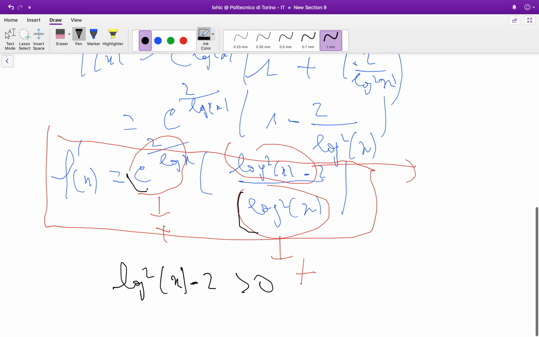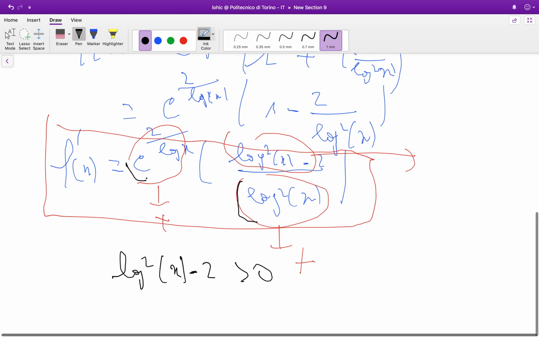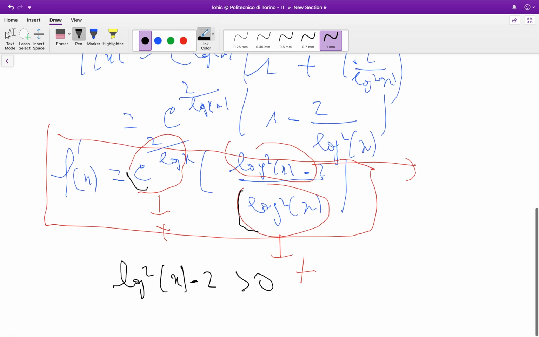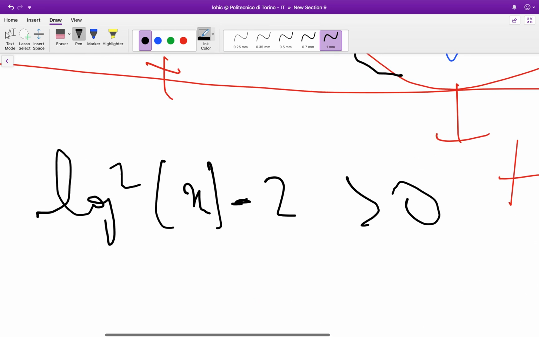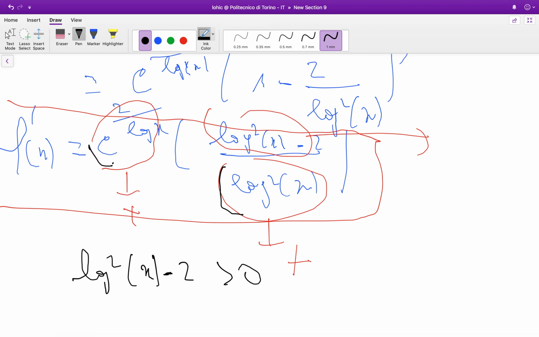Greater than 0. But studying the sign of this is not that easy, you see.